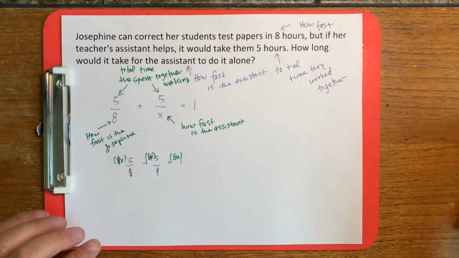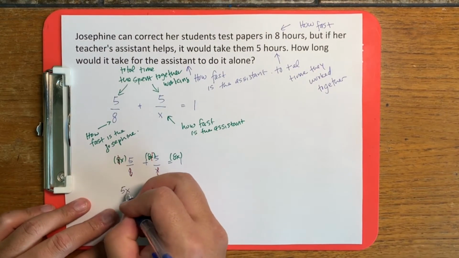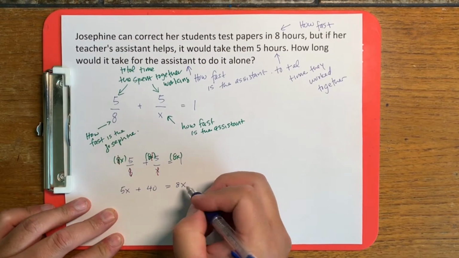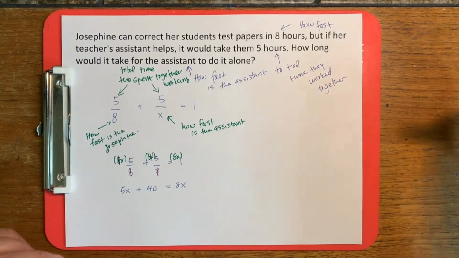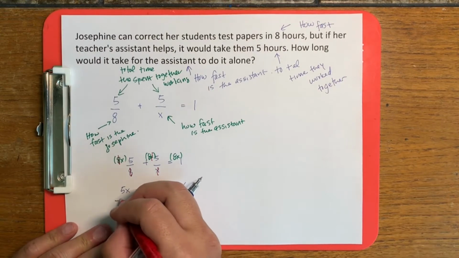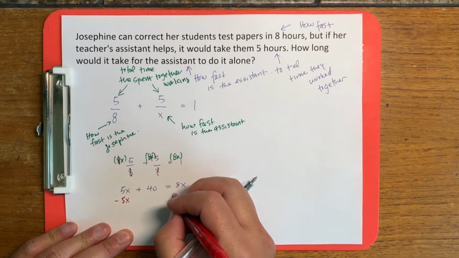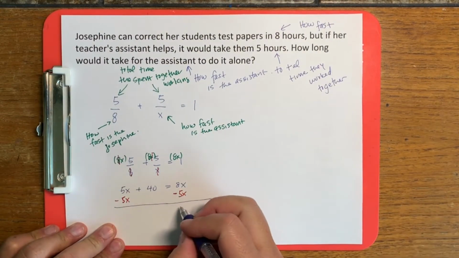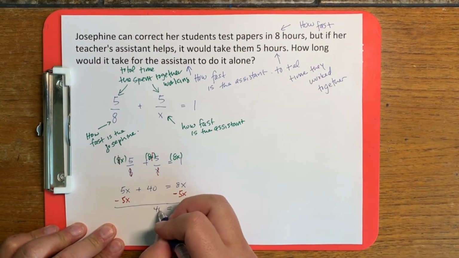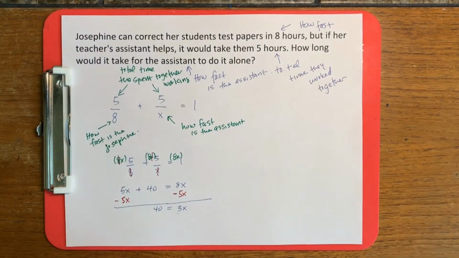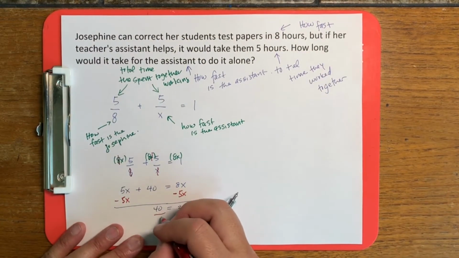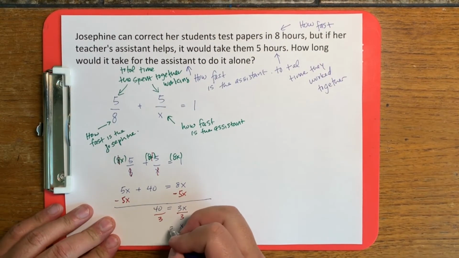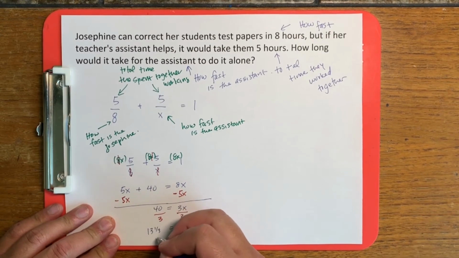So we'll end up with 5x plus 40 is equal to 8x. And then we'll subtract 5x from both sides, and we'll get 3x is equal to 40. And then we'll divide both sides by 3. So x is equal to 13 1/3 hours.